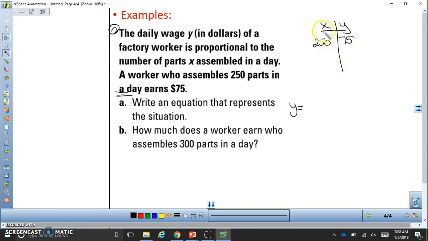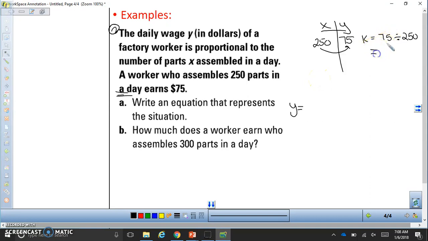Last year you learned about going from input to output by this K, this constant of proportionality, and that's what we're looking for. So we find this K by doing 75 divided by 250. What times 250 is 75, because that's the rate he's being paid.